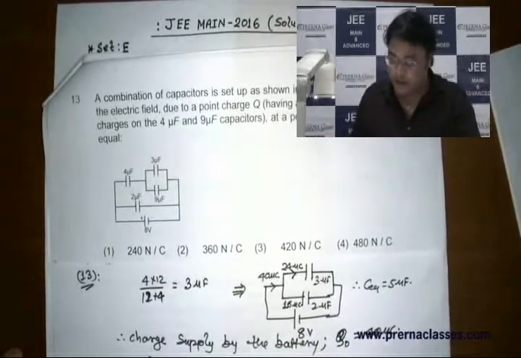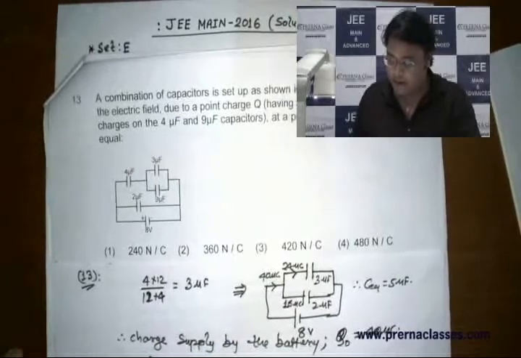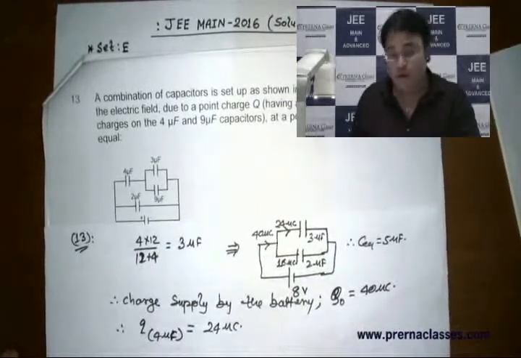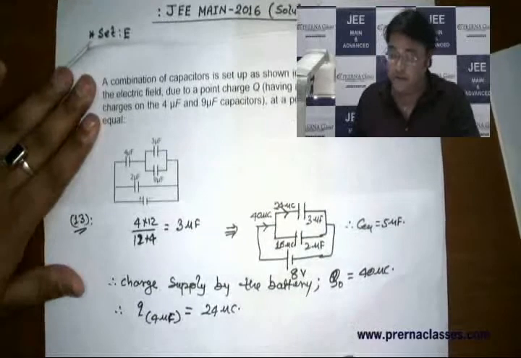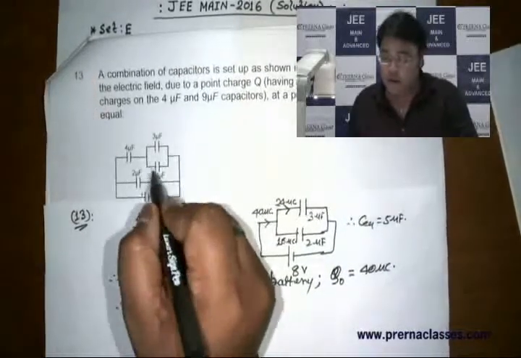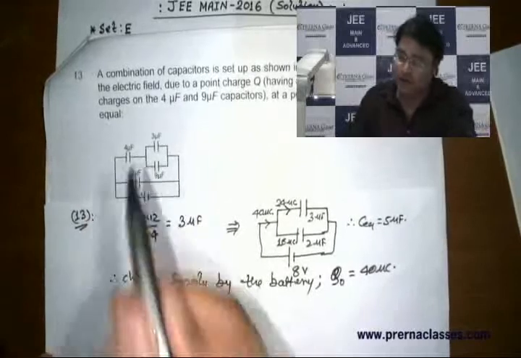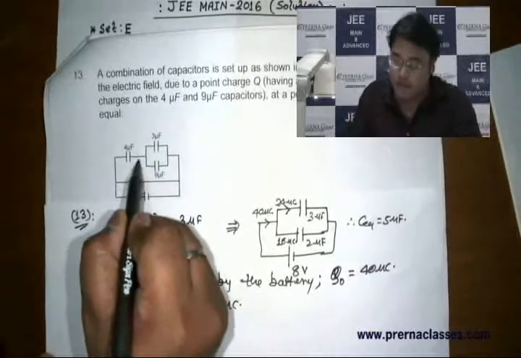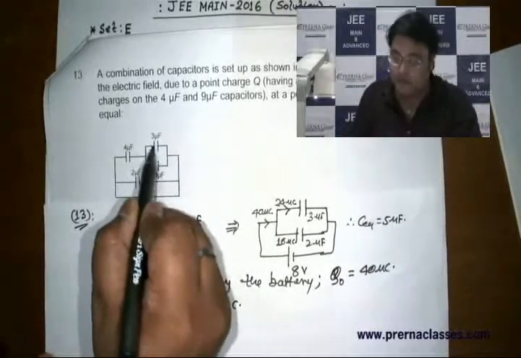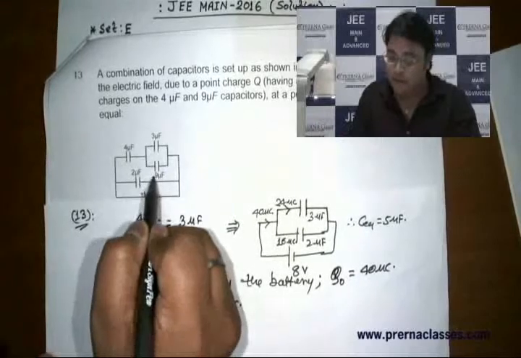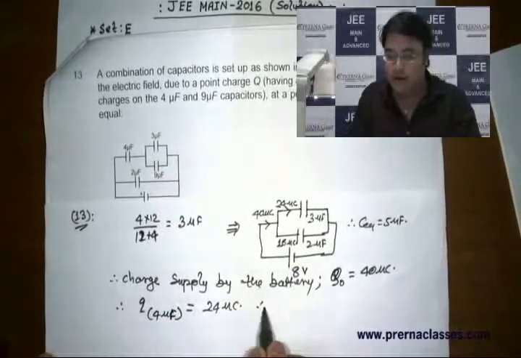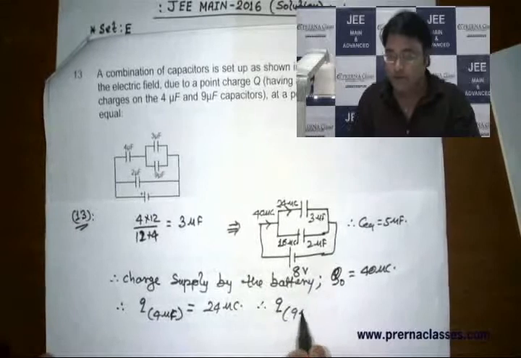So clearly charge on the 4 microfarad capacitor is equal to 24 microcoulomb. Now for the charge on 9 microfarad, 24 microcoulomb is divided in 2 parts, 3 and 9 both in parallel.